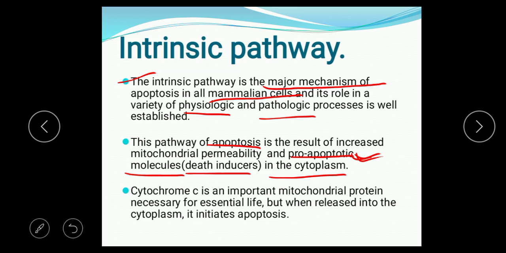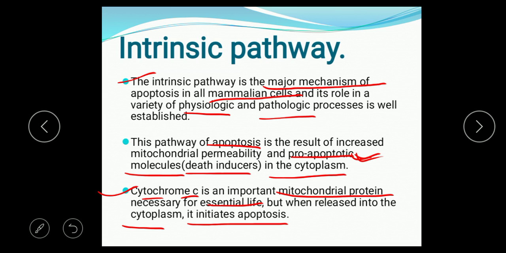Now here you can see cytochrome C is an important mitochondrial protein necessary for essential life, but when released into the cytoplasm it initiates apoptosis. Yes, guys, it's a very important term here. Usually the function of cytochrome C is to bind the mitochondria and support the electron transport chain, which is a very important pathway, cellular respiration in our body.